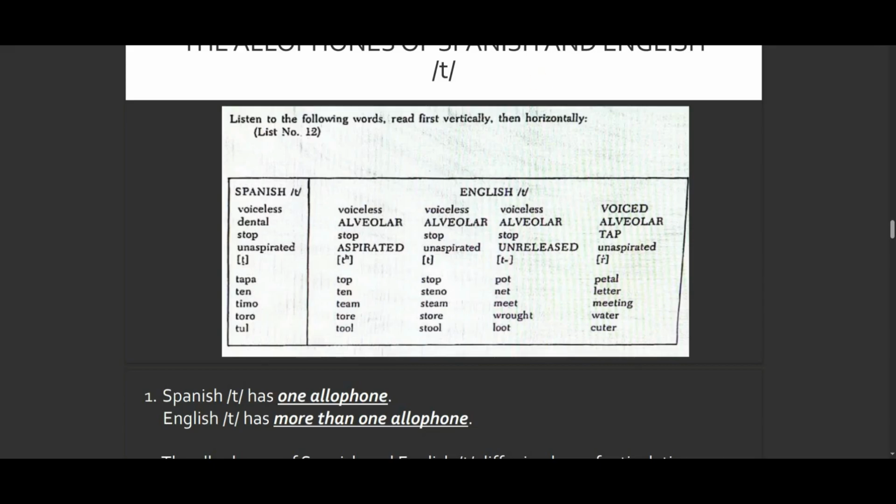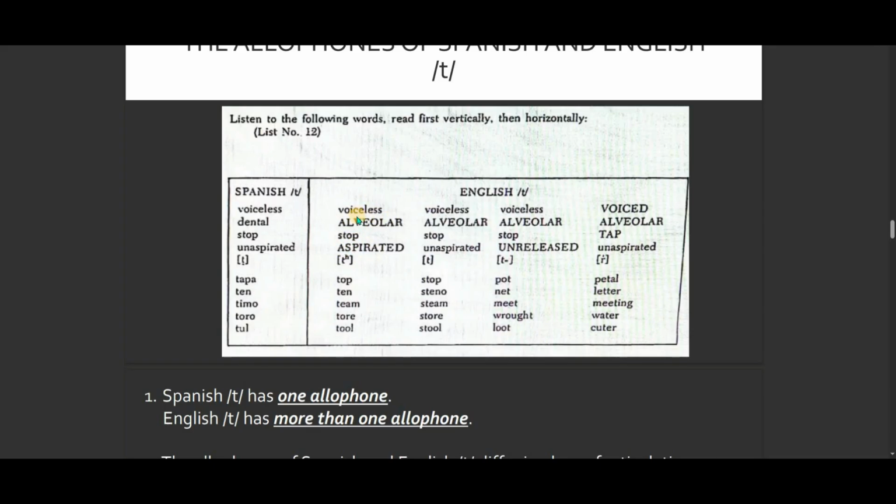The first one is a voiceless alveolar stop aspirated. It is represented by a T letter with a little h on top of it. This is, for example, in the case of the words top, ten, team, tore, tool. So if you notice, the only difference between the T and the P as in Paul is that this one is alveolar.